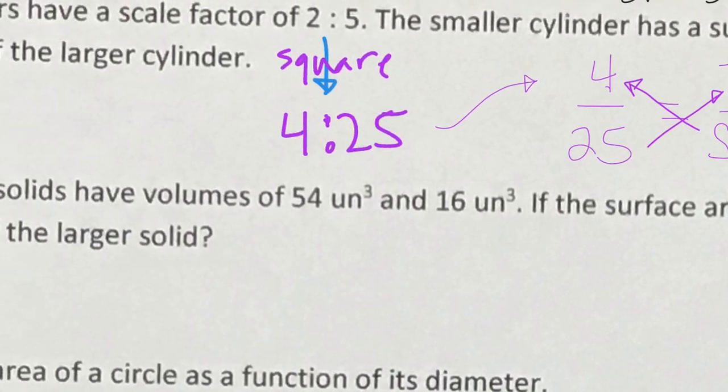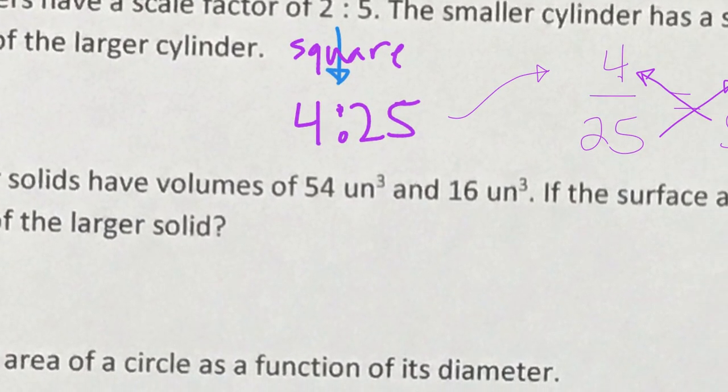Okay, and our last one on this problem, we have actual volumes of 54 and 16. So 54 is the volume and 16 is an actual volume. Before we go ahead and change this to a surface area, a scale factor, is 54 a perfect cube? And the answer is no, it's not a perfect cube, which means you should not be cube rooting it. You should be reducing it. We should always reduce before you root. 54 is not a perfect cube, and neither is 16, but they both have a 2 in common.